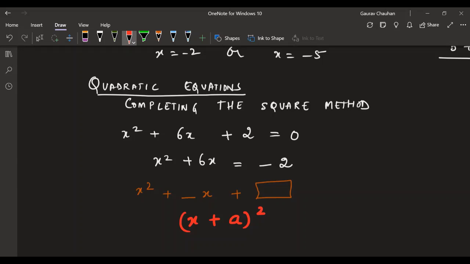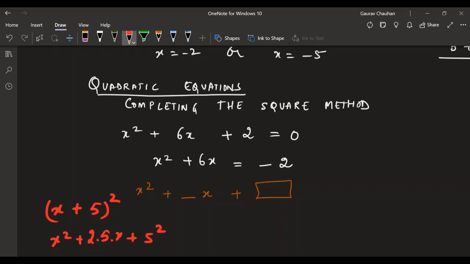Think about it. Suppose I have x plus 5 whole square. What will it actually be? Can you tell me, MG? 2 into 5 into x, correct?